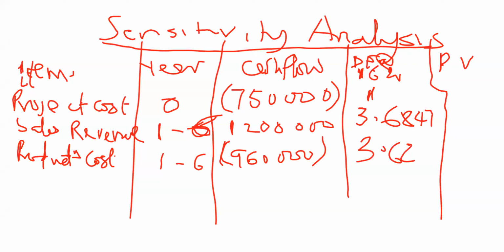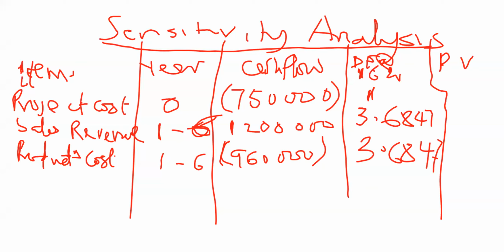I want to tell you an alternative way of doing it in case you are in the exam hall and you cannot remember that present value of annuity for years 1 to 6. You can still use our small formula. Your calculator can do it. Just press 1.16, which is the same thing as 1 over 1 plus r raised to the power n. So we can take it inverse, law of indices.